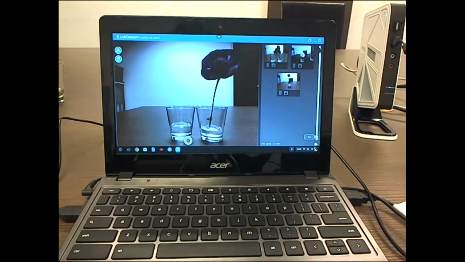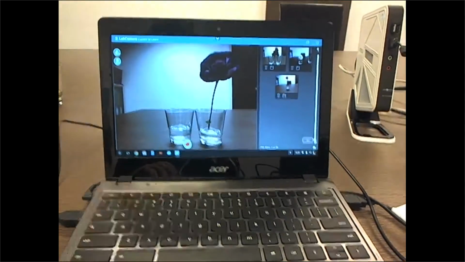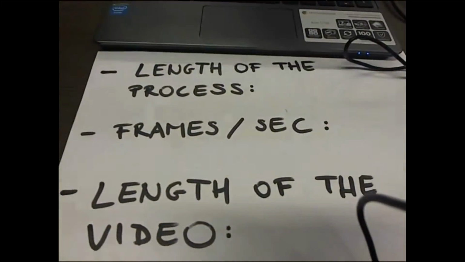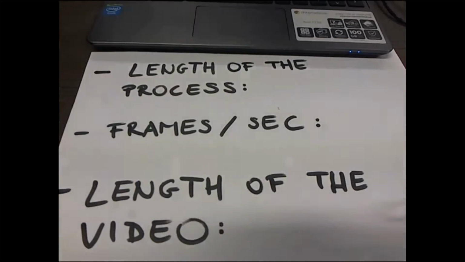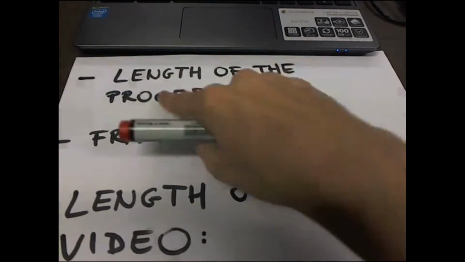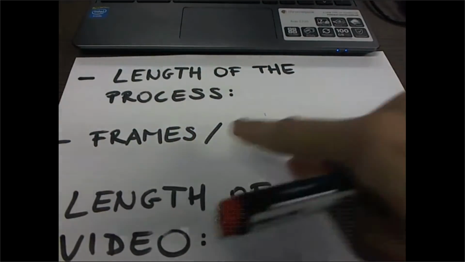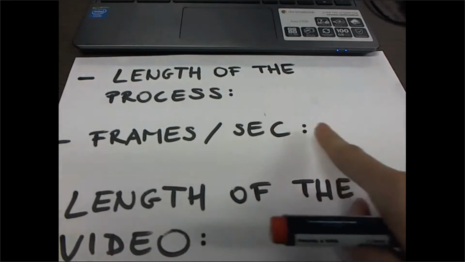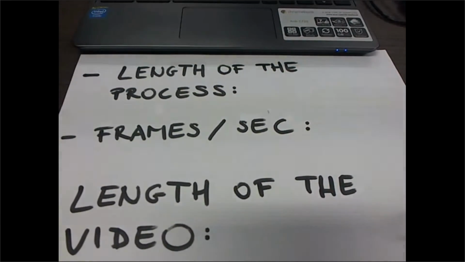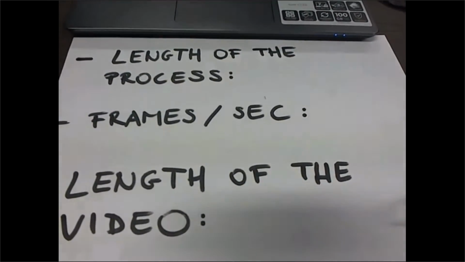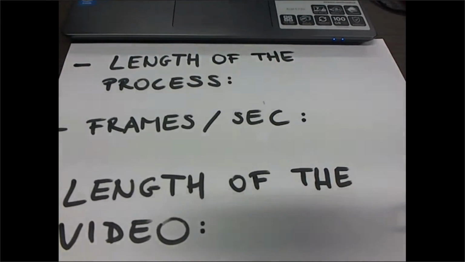It's an easy calculation, actually, that you have to do before starting the experiment. The only information you need for that is these things. So the length of the process, the frames per second, and the length of the time-lapse video that you will get in the end.